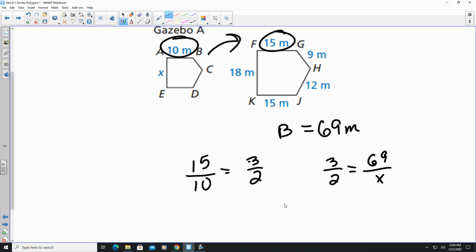The reason I know it's a smaller number is because 3 is smaller than 2 in the ratio's placement. So 3 times x is 3x. 2 times 69 is 138. Divide that by 3, I get x equals 46 meters. So the perimeter for gazebo A is 46 meters.